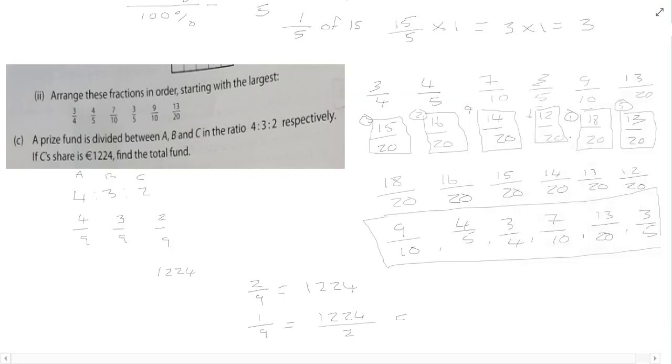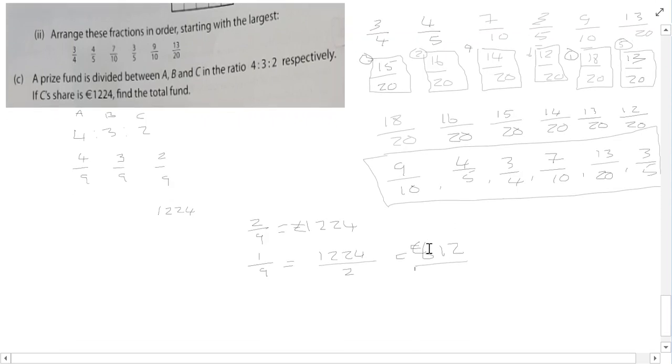So it's equal to €612. Okay, so this is euro. So 1/9 is equal to €612.